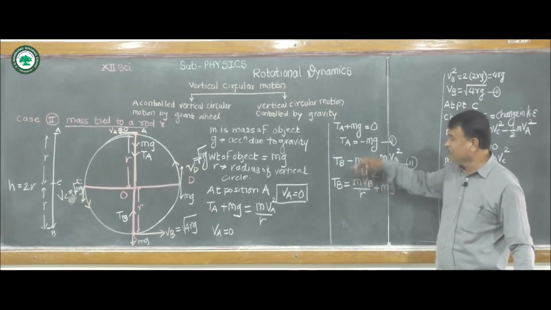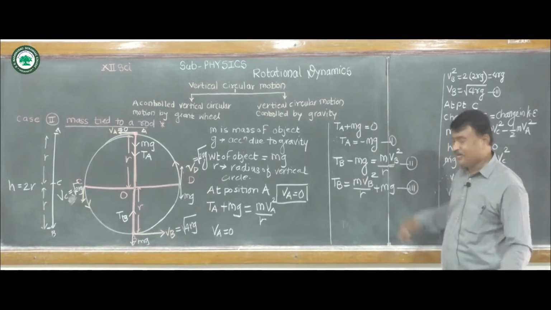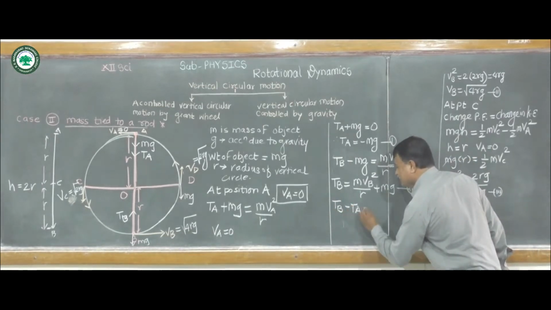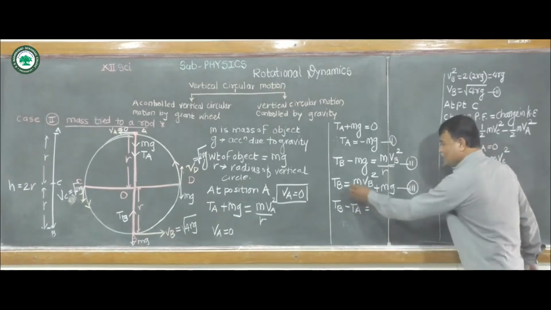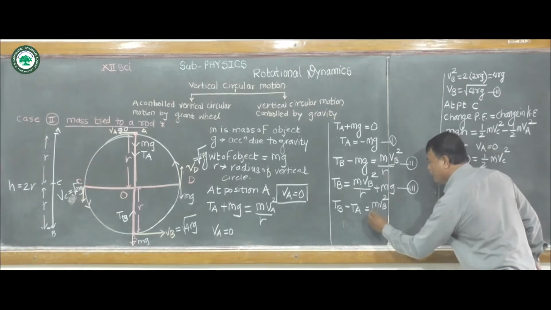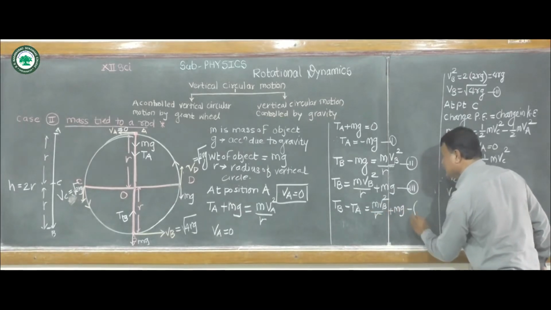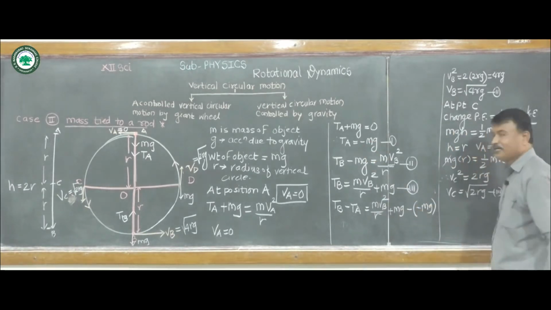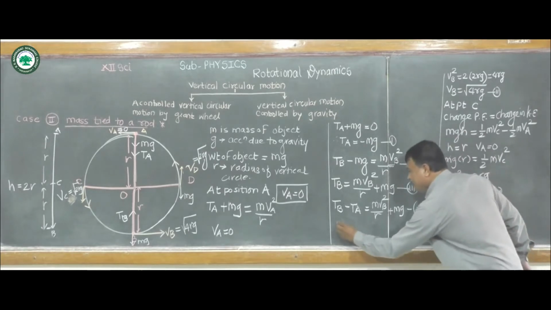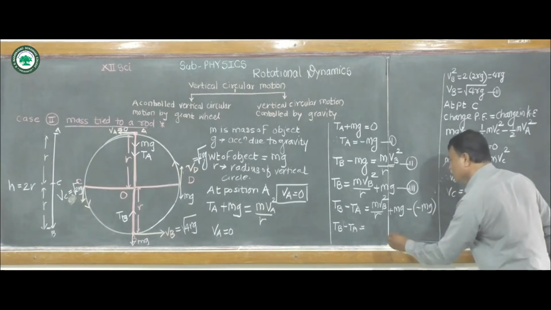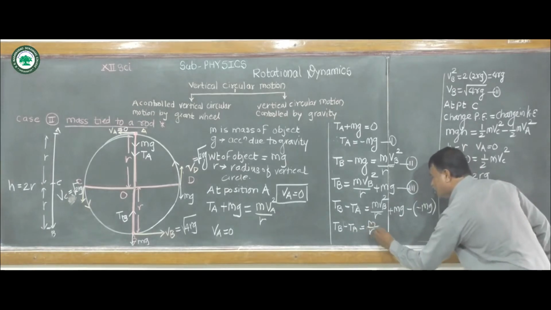Now we have to take the difference between TB and TA. So TB minus TA, that is equal to, in this case we know that TB is equal to mvb square upon r plus mg, minus TA is minus mg. So this minus minus will become plus. So we get TB minus TA, that is equal to m upon r.